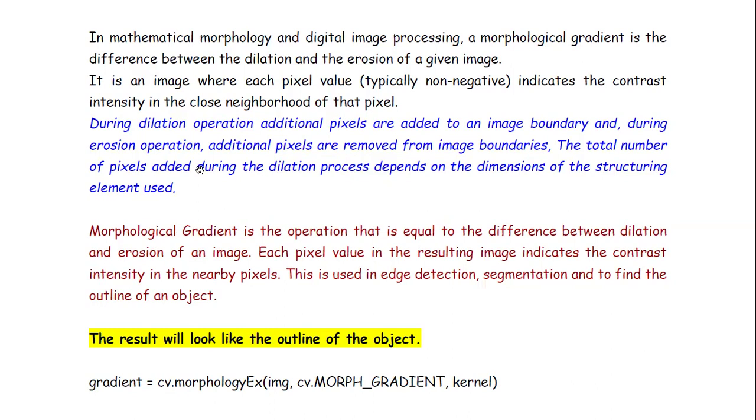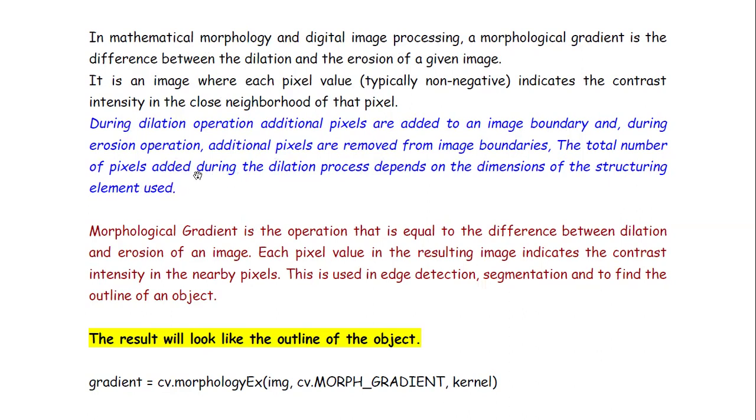So you remember that in the case of dilation, the thickness of the foreground object increases. But in the case of erosion, the reverse happens. Why? Because additional pixels are added to the image boundary in dilation, and in erosion, additional pixels are removed.